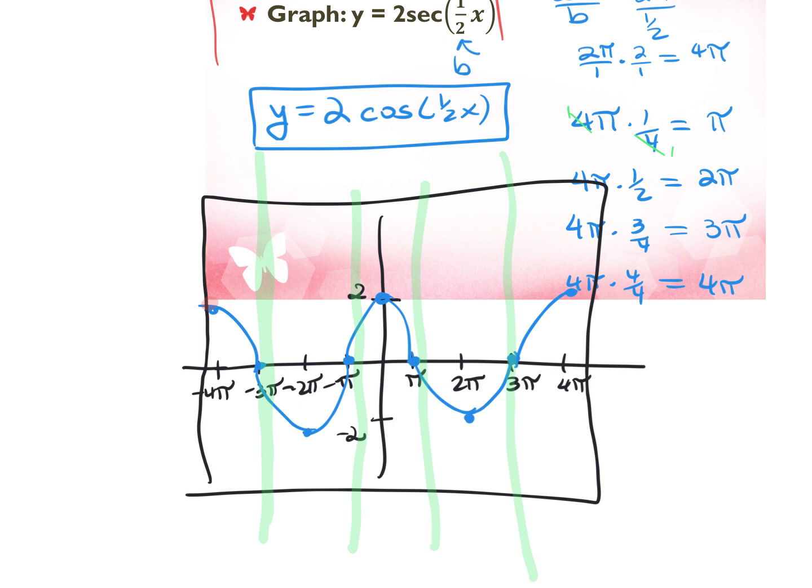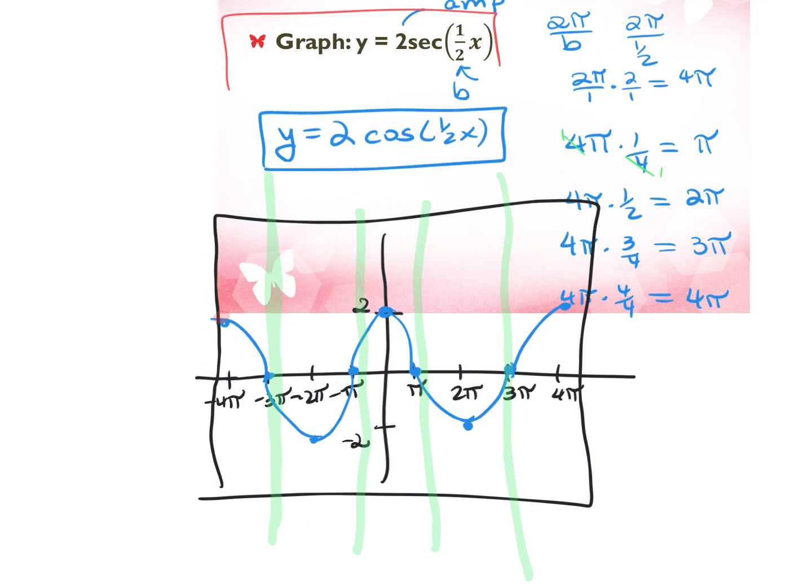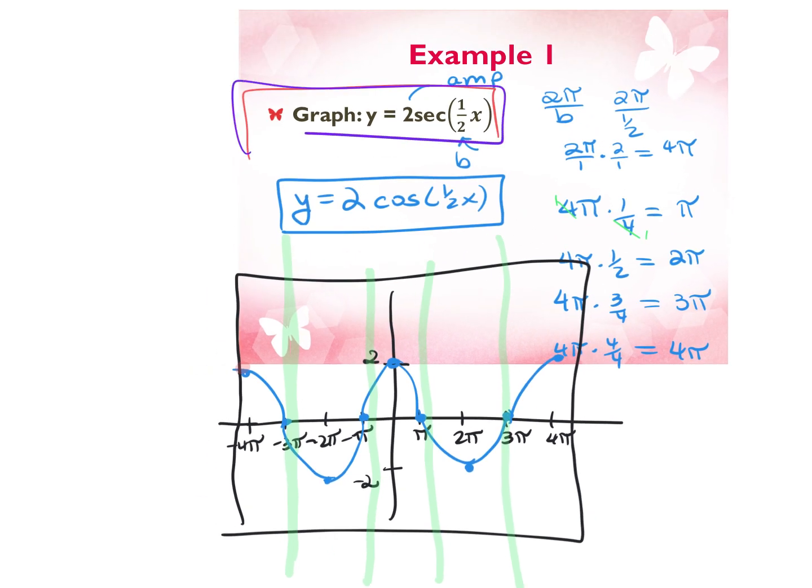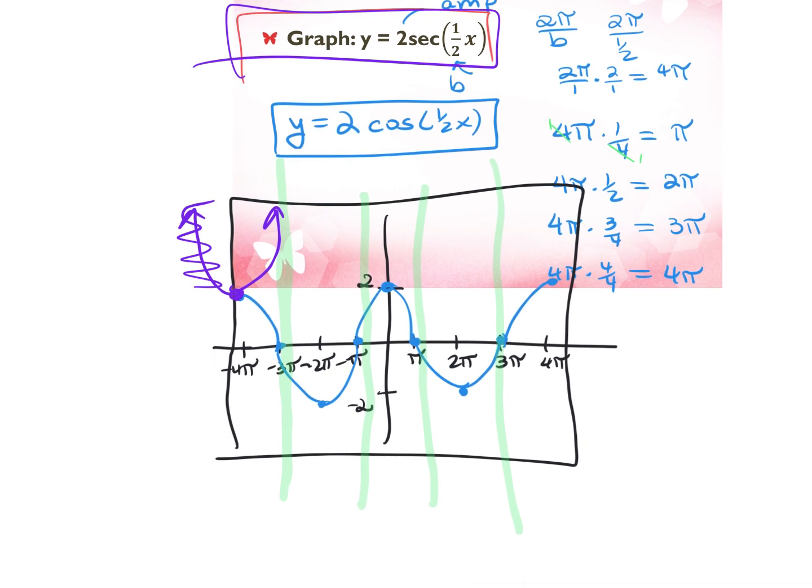So now at each max and min, so I got a maximum right here. Let me do it in purple so it shows up better since I've got the red background. All right, so here at this maximum, if it helps you to see the parabola better, but I don't need to see this branch of it. And then down here at this minimum, use the asymptotes as guides. And then up here at this maximum, use the asymptotes as guides.